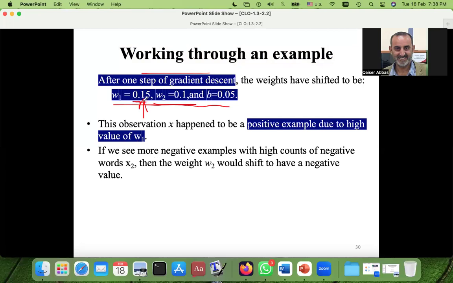But if our model observes some negative examples, then this weight will shift to W2. This is how the weights are being optimized in this stochastic gradient algorithm.